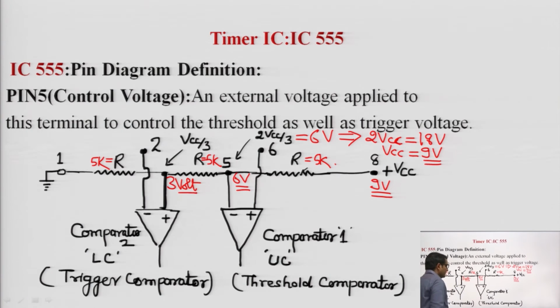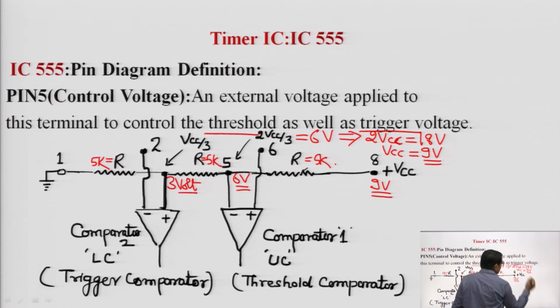So in theory, pin number 5 controls the threshold as well as the trigger voltage. Or we can change the timing of a square wave or a pulse at the output side with the help of this pin.